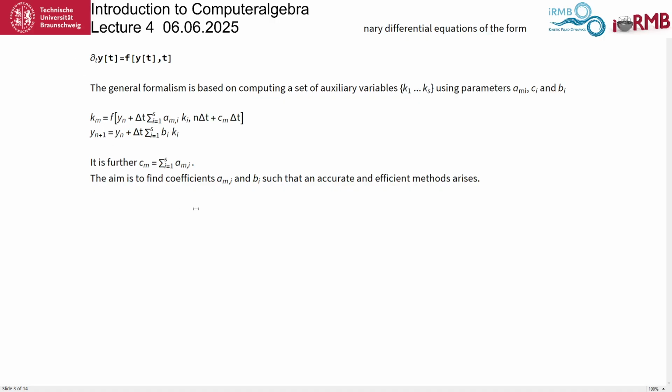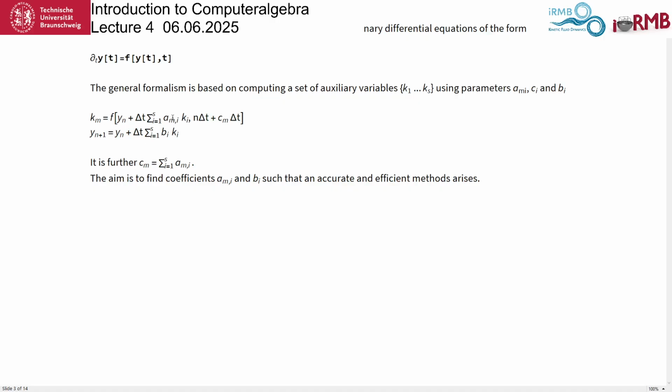And then you compute your next time step y_n+1 as the current time step plus delta t times the sum of b_i and k_i. You see this k_i, because this is the evaluation of f, which is a time derivative, basically gives you a slope.